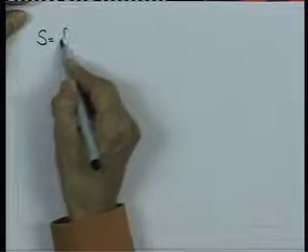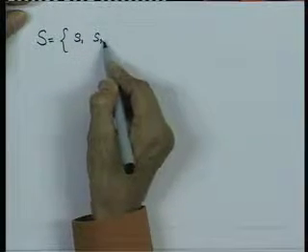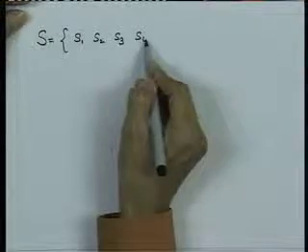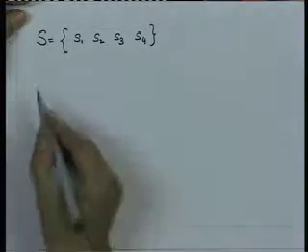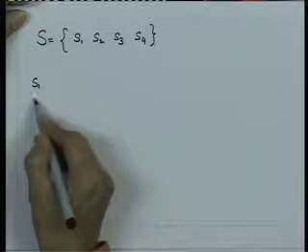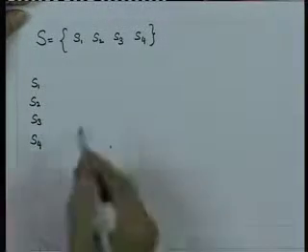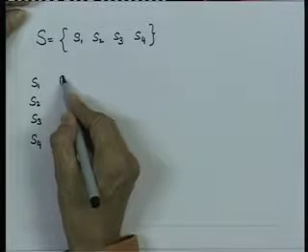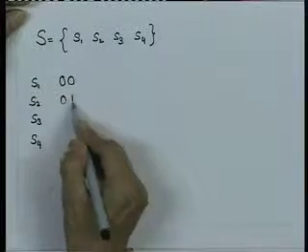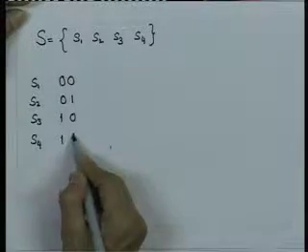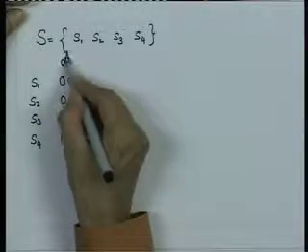So, with that, let us take a simple example. If I have a source S consisting of 4 symbols S1, S2, S3, S4, for this source, let me assume that I have a code which is 0 0, 0 1, 1 0, 1 1. Let me say that this code is A.